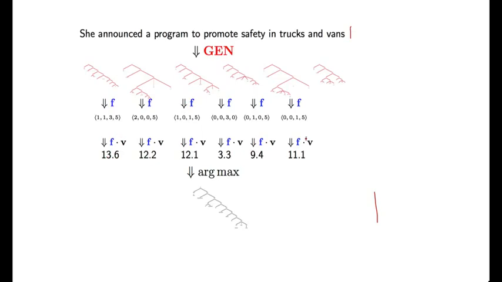And then finally, we find the highest scoring parse tree. So 13.6 is the highest of these scores. So this parse tree is actually selected as the output of the model. So this argmax operation picks the highest scoring tree.